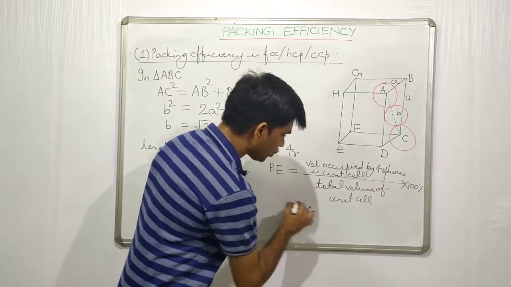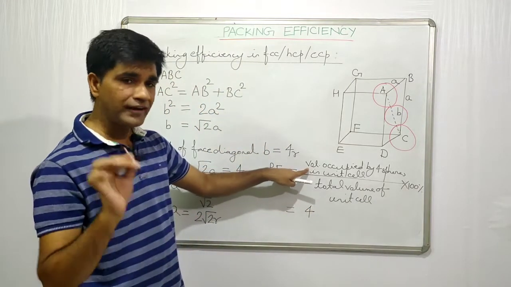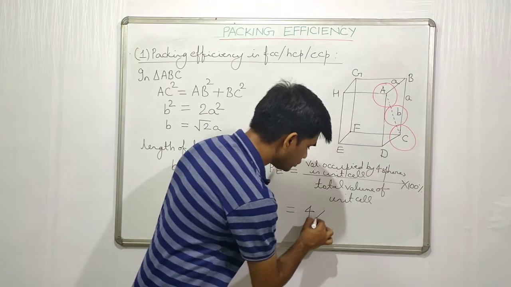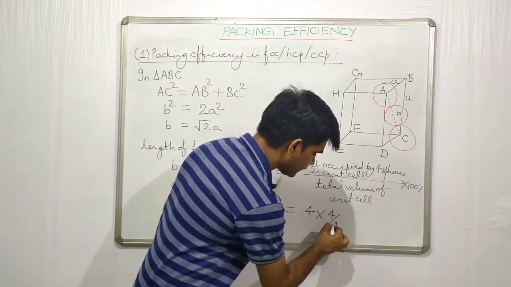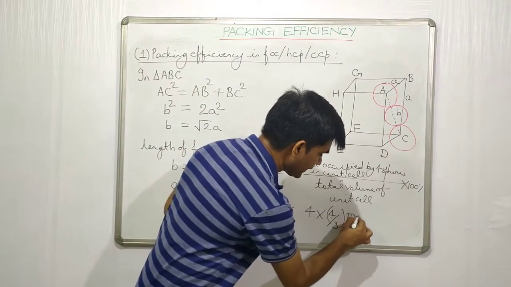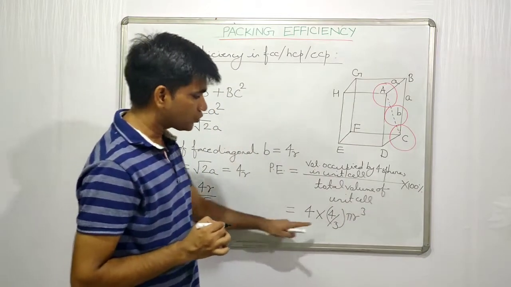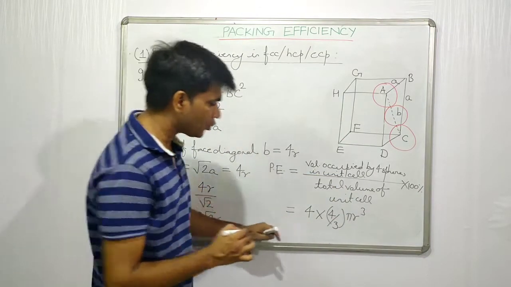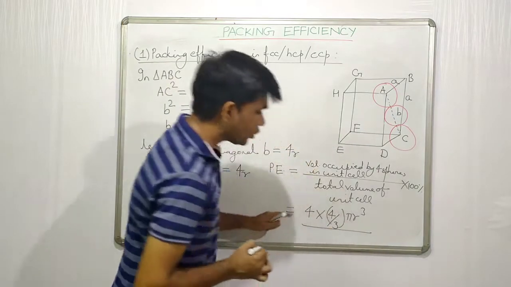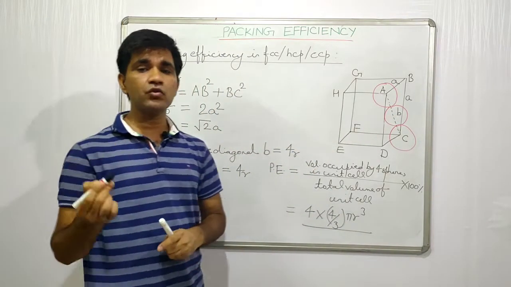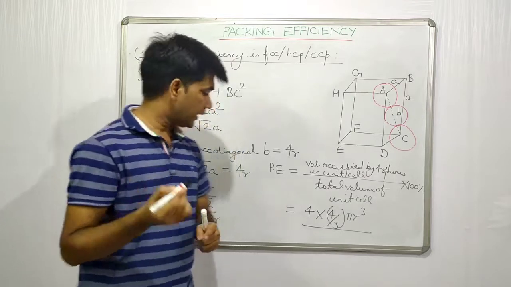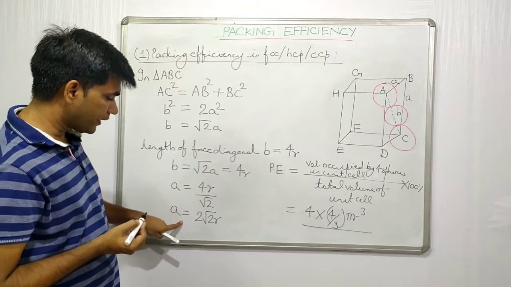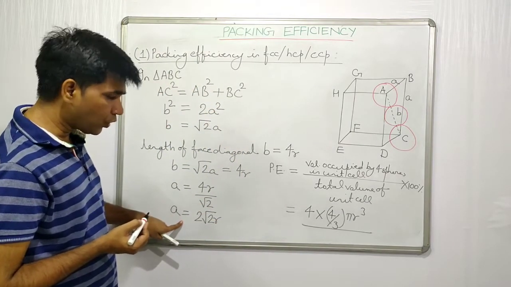Now, as you know, the volume of 1 sphere is equal to 4 by 3 pi r cube. So the volume of 4 spheres would be equal to 4 into 4 by 3 pi r cube upon the total volume of the unit cell, which would be equal to a cube, and we have calculated the value of a here as 2 root 2 r.